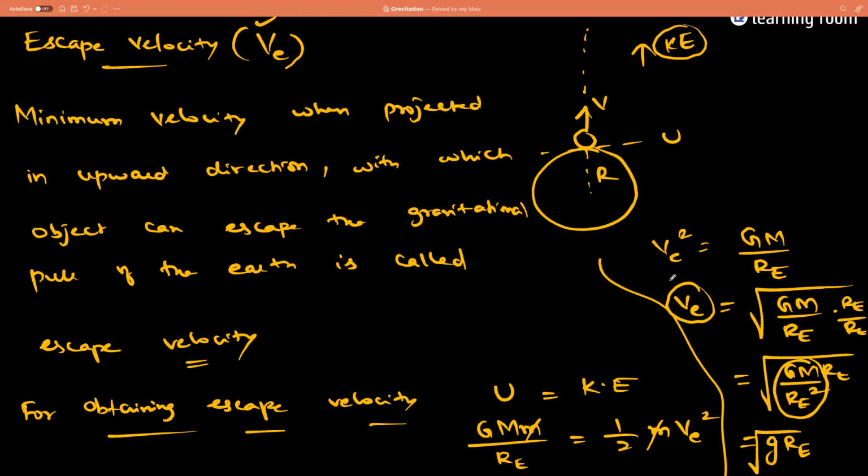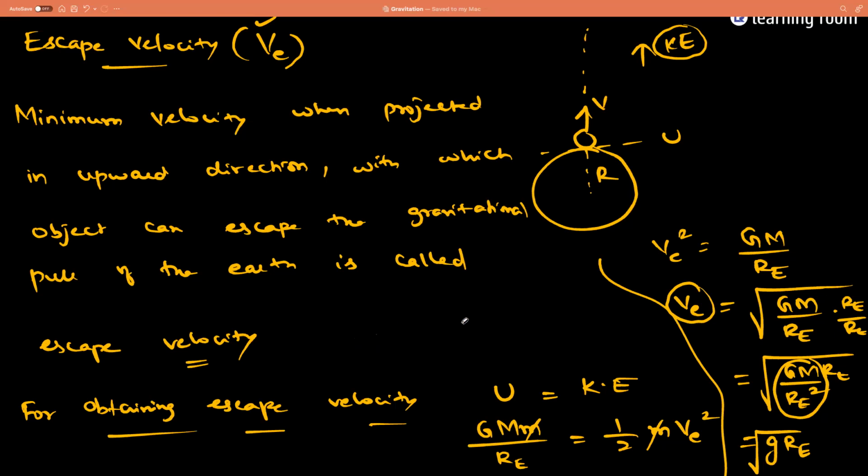Sir, how did you equate the gravitational potential energy with the kinetic energy, sir? Because the sum of both values will be, okay. Sum of both values is what is going to be equal.